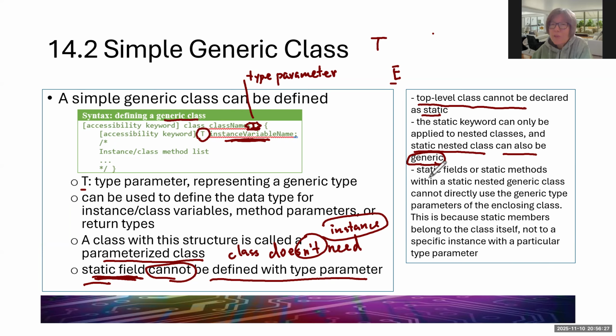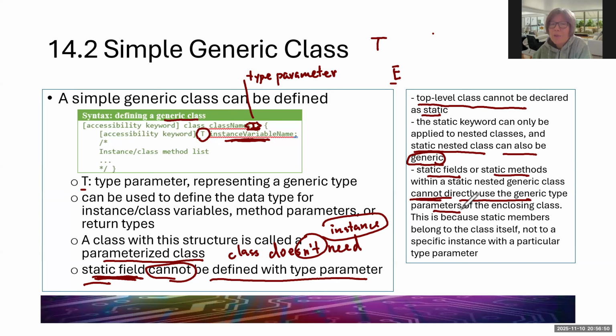But there are some restrictions for this generic static nested class. The static field or static method within the static nested generic class cannot directly use the generic type parameter of the enclosing class.